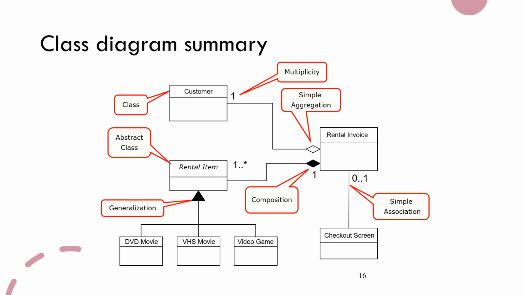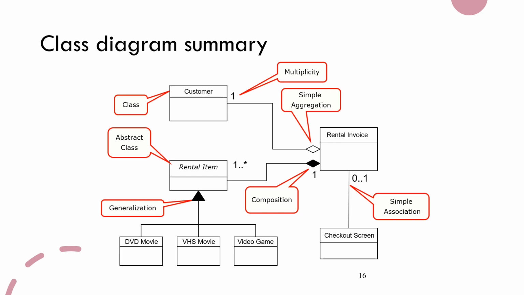So this is the summary of the class diagram. This is not new for you because you learned it in the previous class, object oriented. So you need to revise and recall your knowledge about class diagramming.